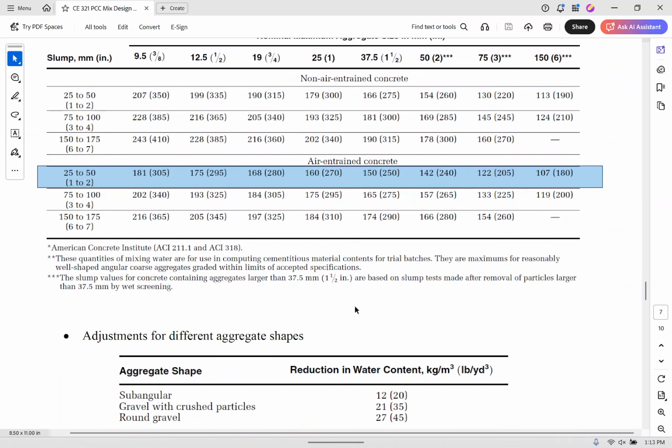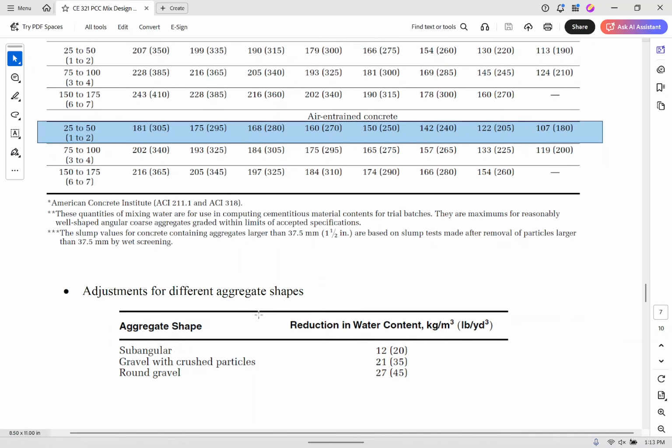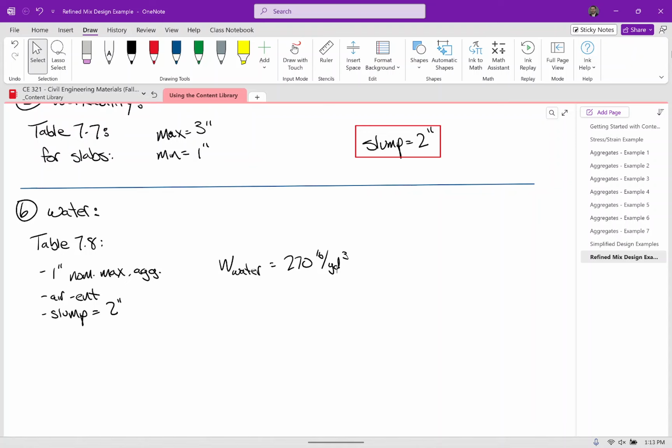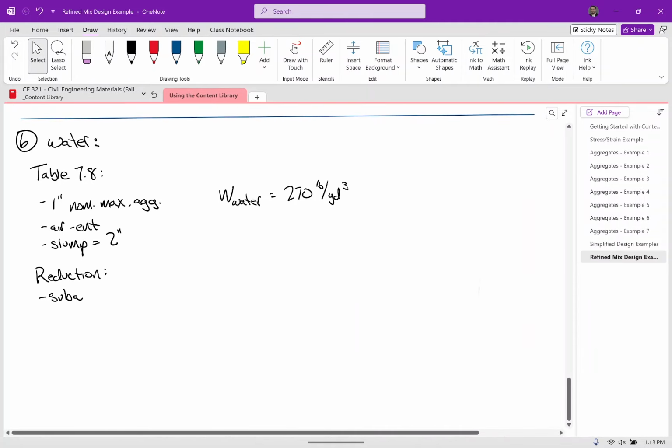My correction for subangular is going to be 20, right? So what we'll do is reduce that water content a little bit. So we'll say reduction.